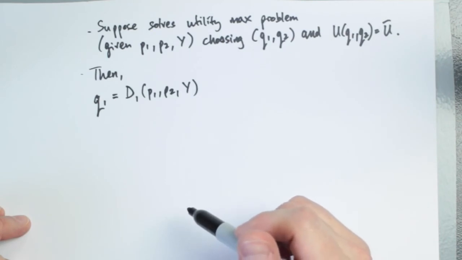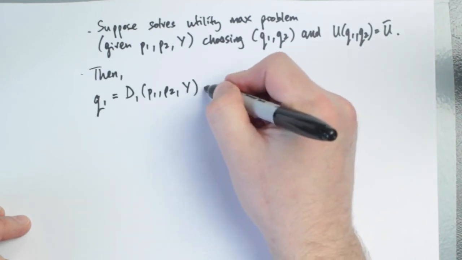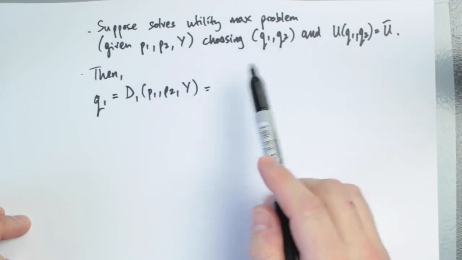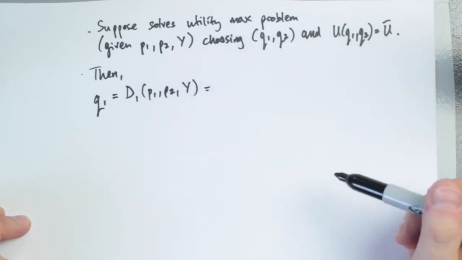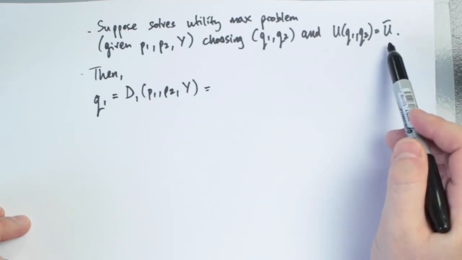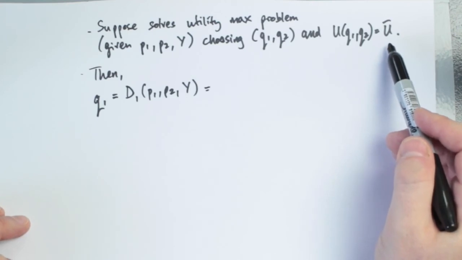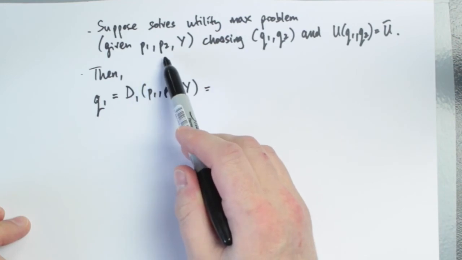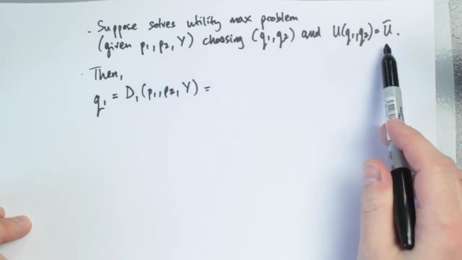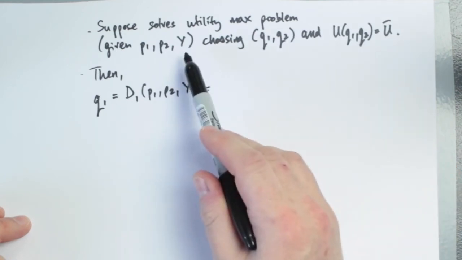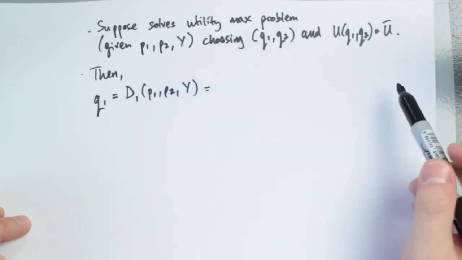Okay. Now also, because this is characterized by a tangency condition, and we've seen this already in the lecture, if my target level of utility was U bar, so if I was doing an expenditure minimization problem and I faced prices P1 and P2, and I had to try and achieve this level of utility, well, this level of income would be exactly what I needed.